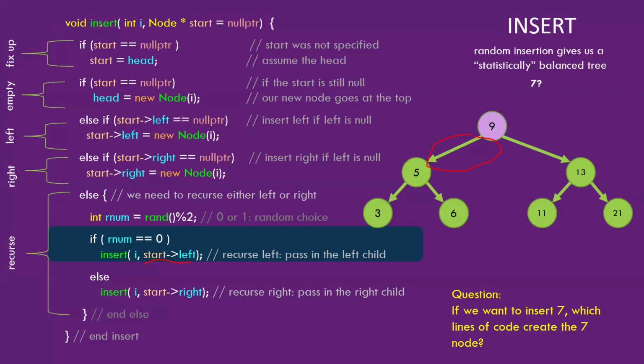So this pointer becomes the starting pointer when we drop to our next level of recursion. Okay, so we're trying to insert the 7. Now we're starting from that particular pointer and saying, which way do I want to go to find a leaf? This time we flip the coin and we go right. That's just a random thing, but we're passing this pointer down to the next level of recursion.